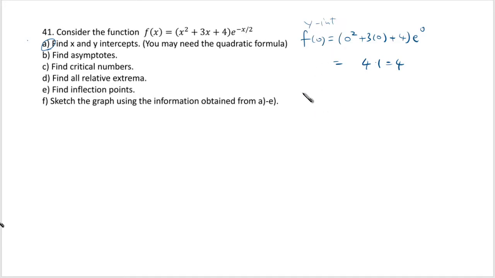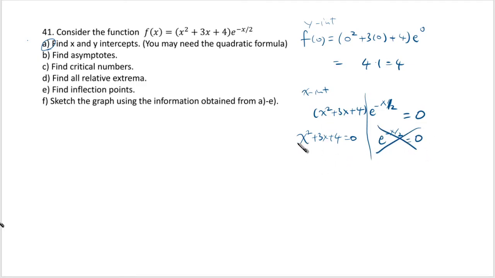On the other hand, to get the x-intercept, you have to set the function equal to 0. So you set this equal to 0, so either x squared plus 3x plus 4 is equal to 0, or e to the negative x over 2 is equal to 0. But exponential functions are always positive, so that can't happen. So the only way to get 0 is here, and that one cannot be factored.